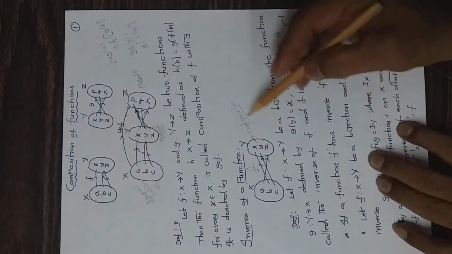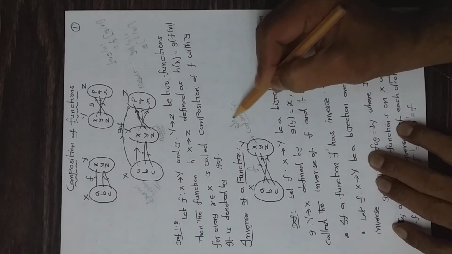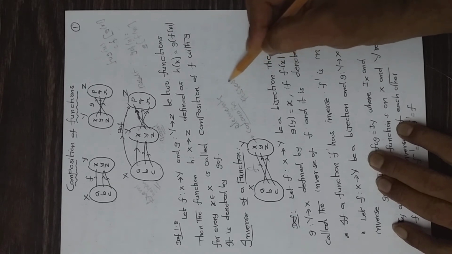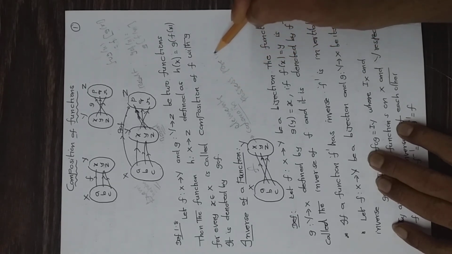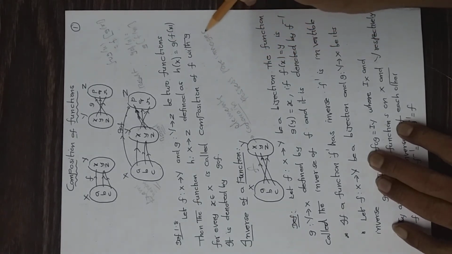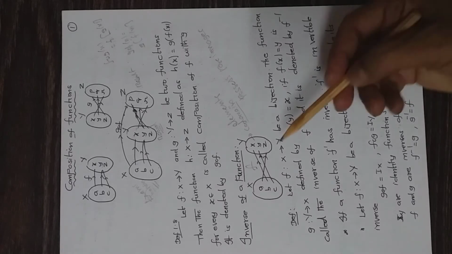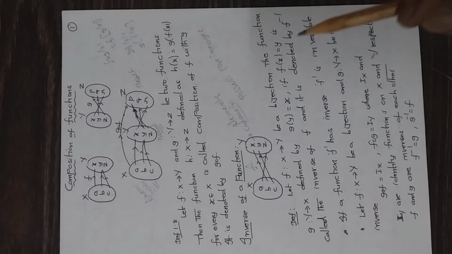So all the elements in the codomain possess pre-images. So therefore it is a bijective function. So whatever function they have given, f is a bijective function.